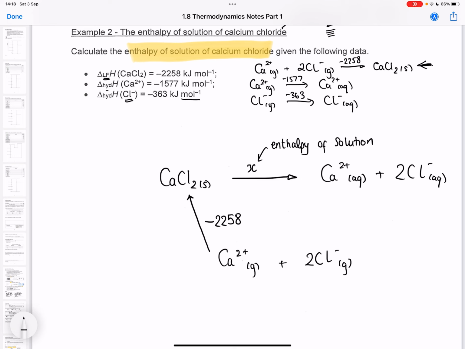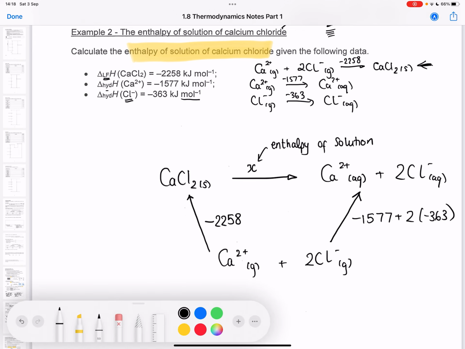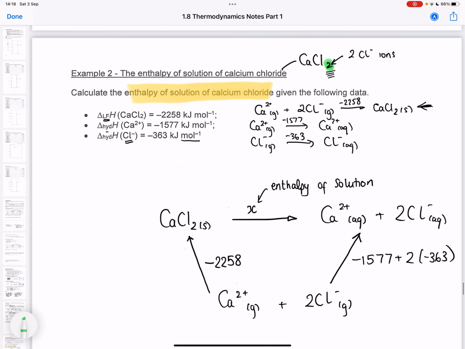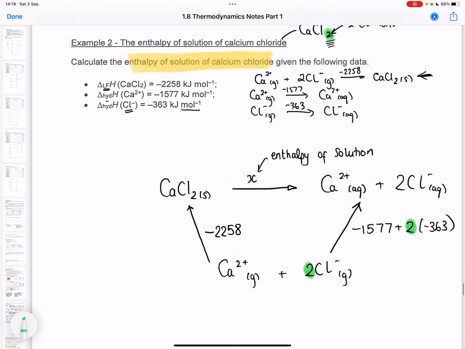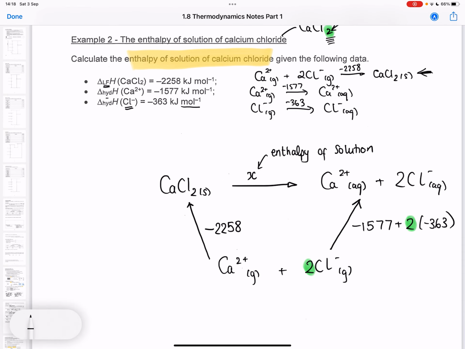Now our next arrow points from calcium 2+ gas to calcium 2+ aq, and we've got one from chloride gas to chloride aq. So they're pointing from the gases to the aqueous ions. So we're going up here. And we've got minus 1577, but we've got 2 of the chloride. So don't forget that 2. Remember that the formula for calcium chloride has got 2 in it. There's 2 of these, so we've got 2 of this here. Yeah, so we've got this factor of 2 to not forget about.